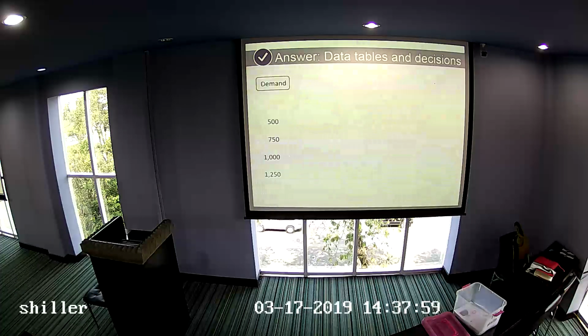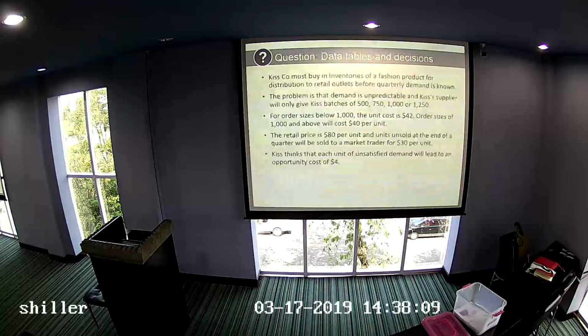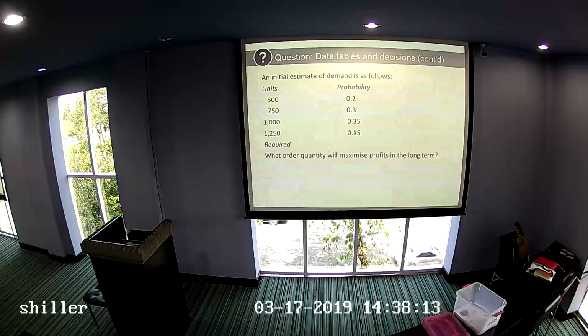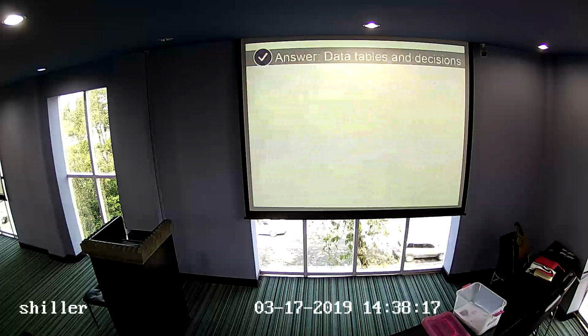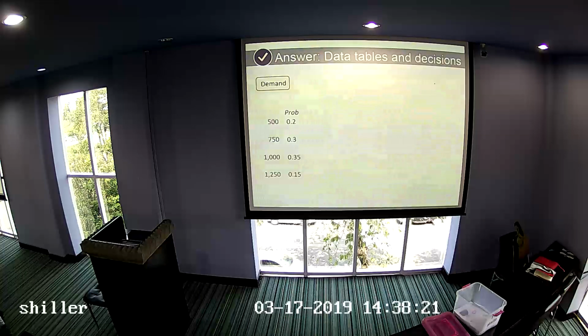This is the situation. This is what the market will actually buy from you, and the situation is the one that has the probability. It says the demand has the following probability, so this represents your situation. Now, what choices do you have?